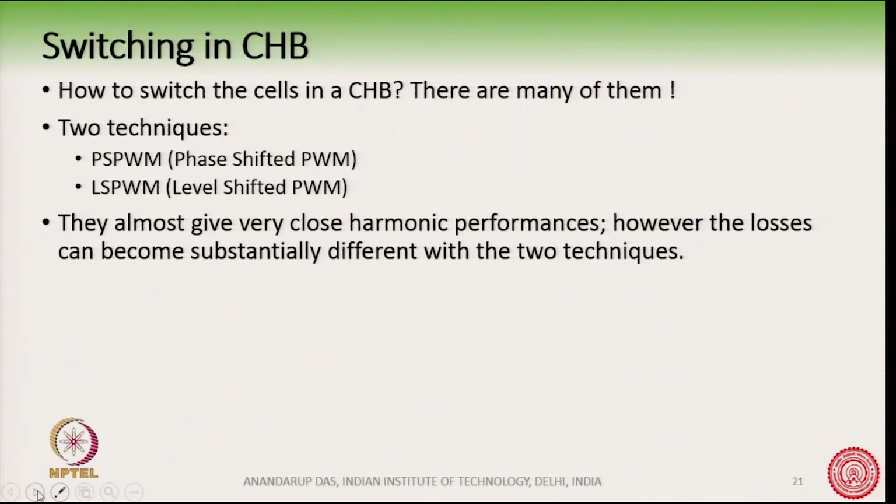Now, as you have already noticed, there are a large number of switches in a cascaded H-bridge converter. So, the natural question is, how do we switch them? There are so many switches. How do we accurately switch them in order to get the desired waveform?